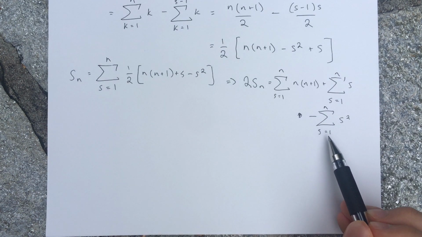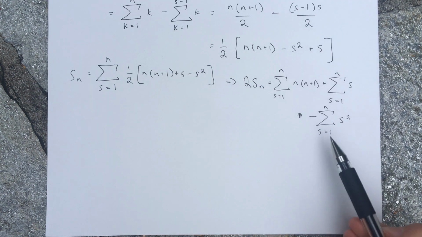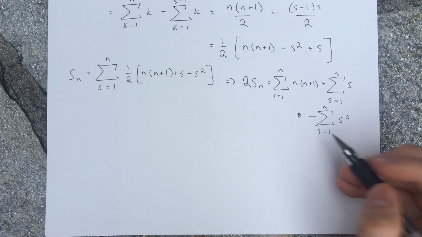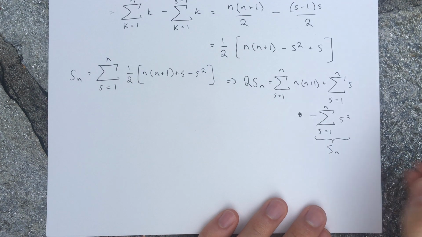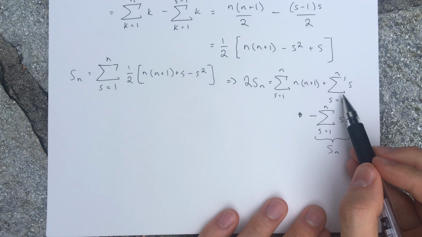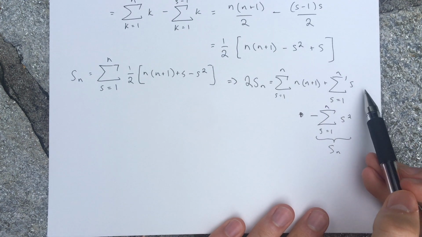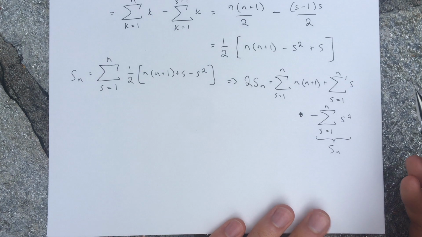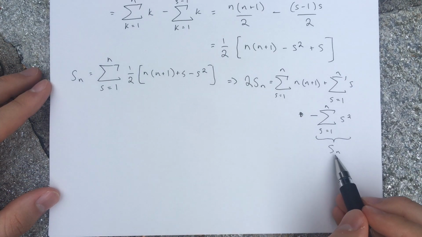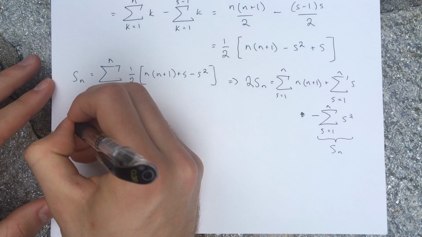And what is this? Well, this is just exactly what we're looking for. This is just Sn. This right here is the same summation from earlier, and this sum right here doesn't depend on s at all. So let me just add this Sn to the other side.